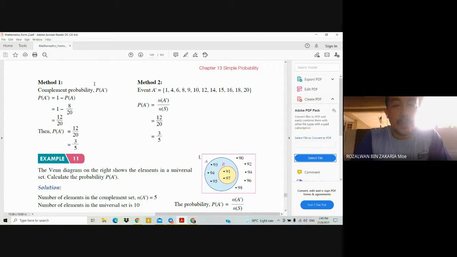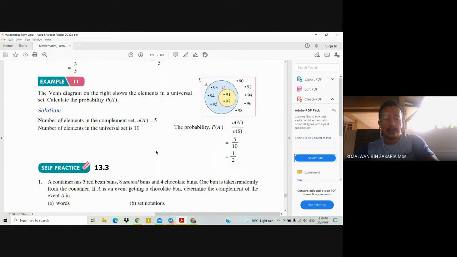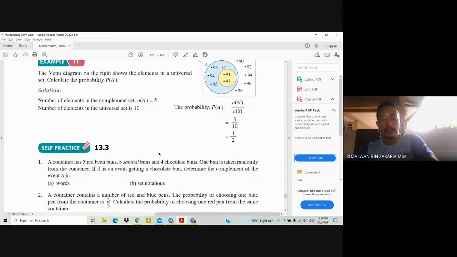If you have any question about this lesson, you can ask me in the Telegram maths subject class 2 group. For your class exercise today, I want you to do set practice 13.3.